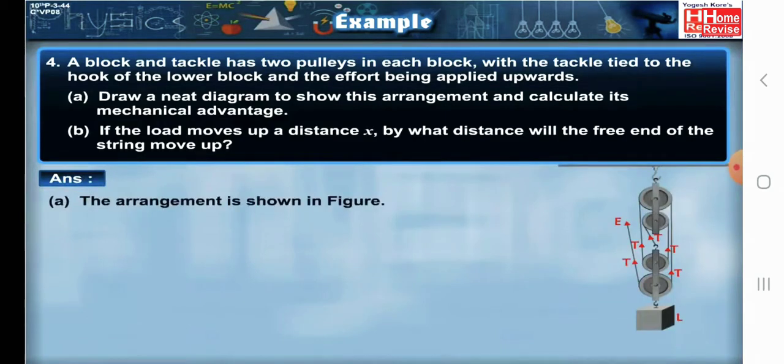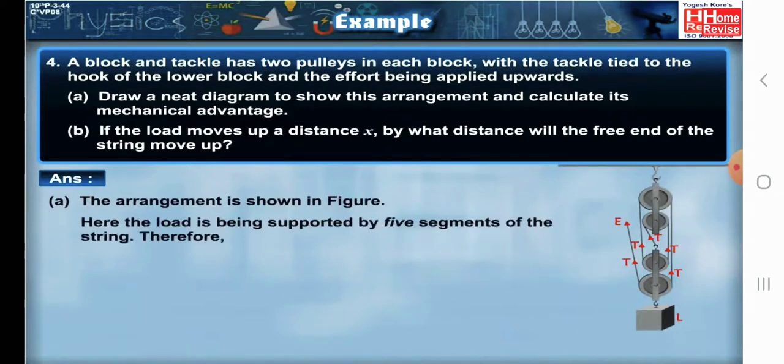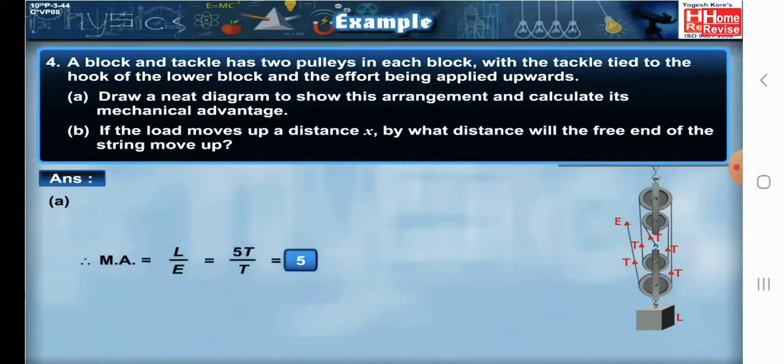A. The arrangement is shown in figure. Here the load is being supported by 5 segments of the string. Therefore, L is equal to 5T and E is equal to T. Therefore, MA is equal to L upon E is equal to 5T upon T is equal to 5.